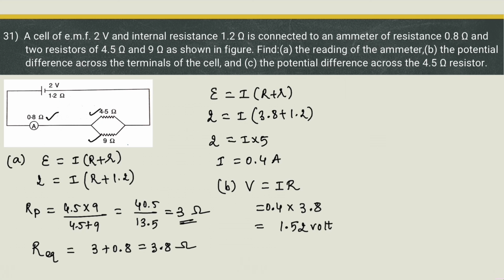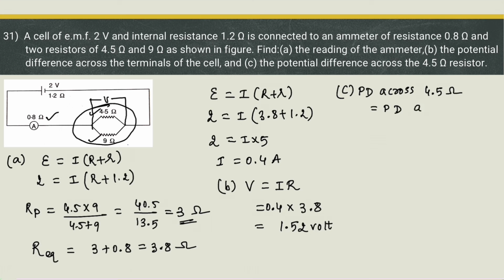And potential difference across the 4.5 ohm resistor. So potential difference across 4.5 ohm resistor is nothing but potential difference across the entire network of 4.5 and 9 ohm. So PD across 4.5 ohm will be same as PD across Rp. And what is Rp? 3 ohm.